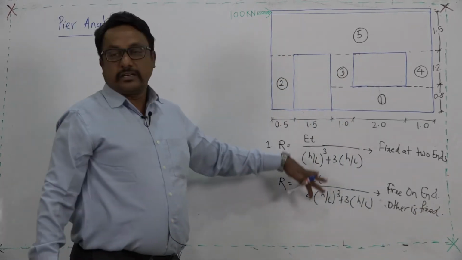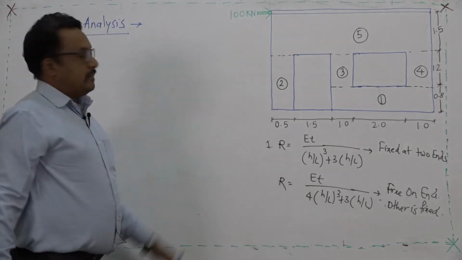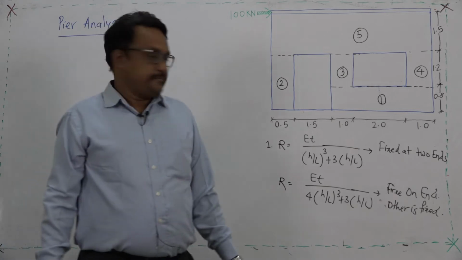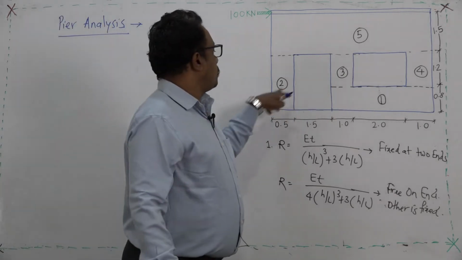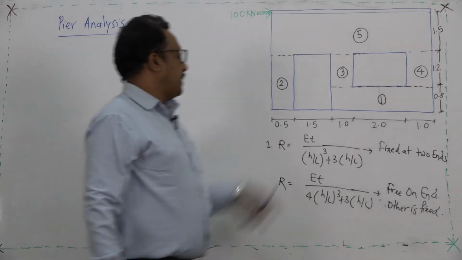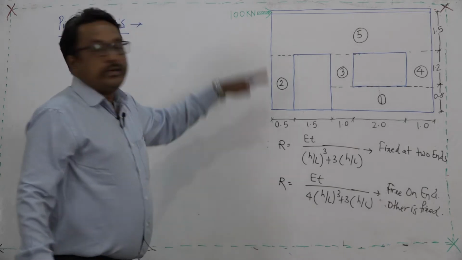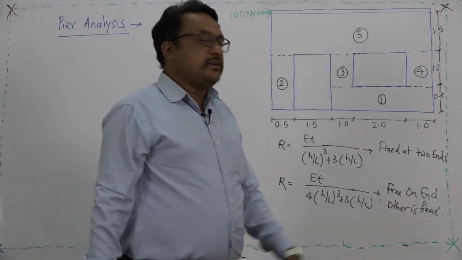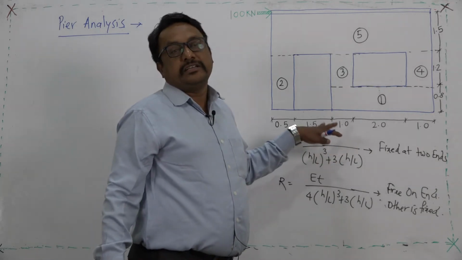We are going to use these two formulas in the analytical procedure for pier 1, pier 2, pier 3, pier 4, and pier 5. By using these two formulas, we will quantify the different stiffnesses in terms of E t. We will keep E t as a constant.